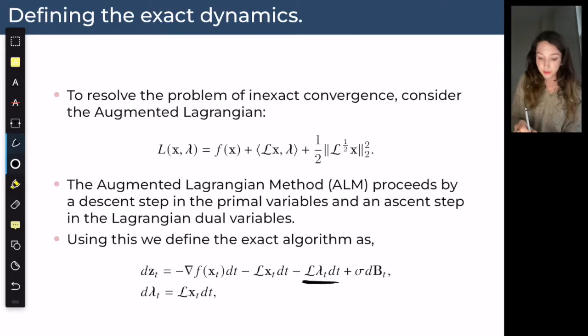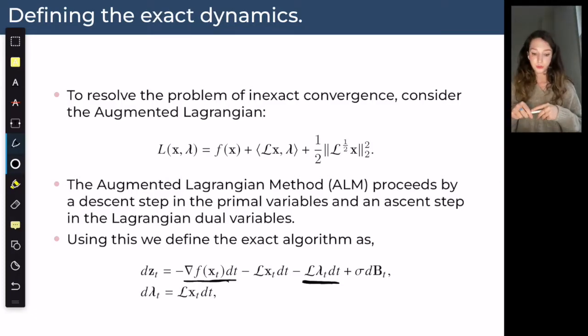And the idea of this term is that it will somehow compensate for our gradient term, so that because we now have this gradient term and this additional Laplacian times lambda, we will be able to achieve exact and exponential convergence. So that is, at a high level, the idea.